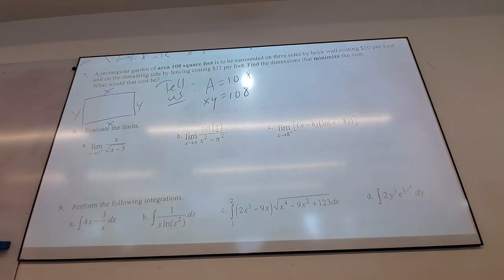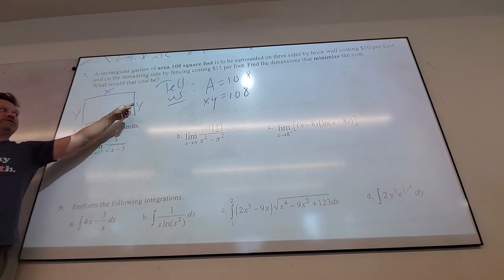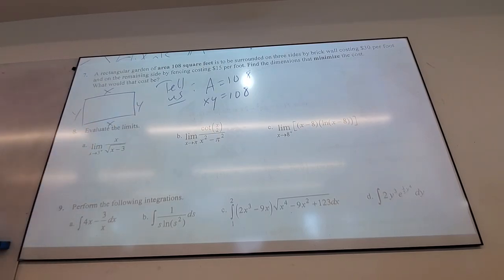So I need you to understand. If that's the cheapest side and I get X is 7, if somebody else chose that to be the cheapest side, they would get Y is 7. Do you understand? That's how math works. Is my rectangle, could X be smaller than Y at the end of my work? Of course it could.